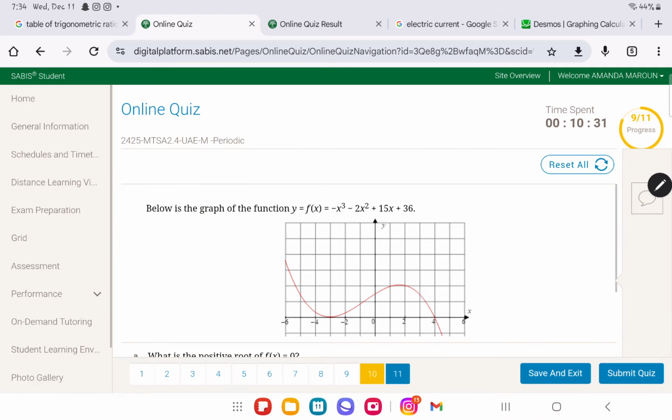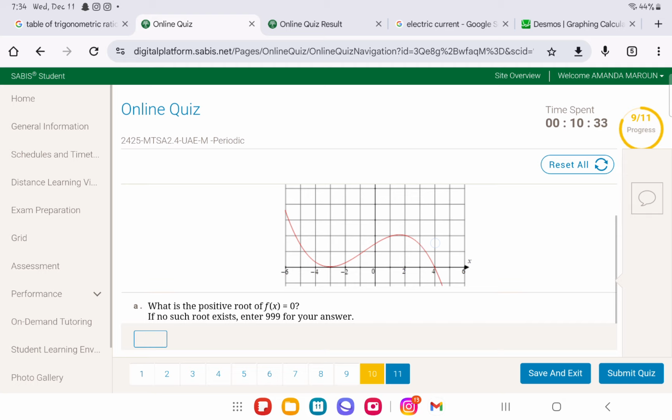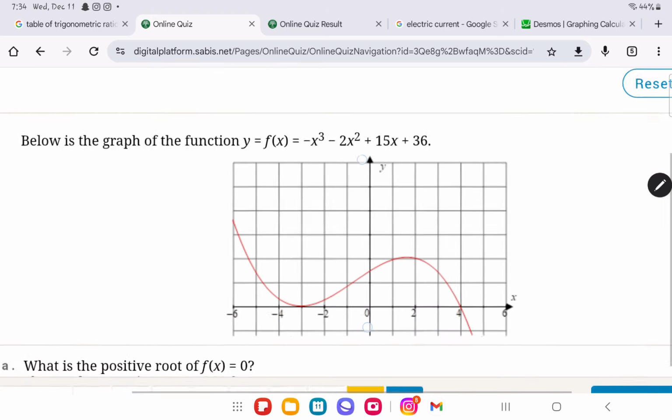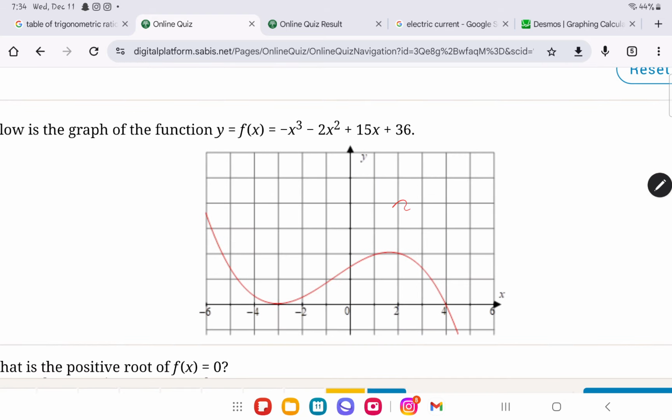Moving on to question number 10, we need to find the positive root and the negative root of this function. Very simply, just come here and see f(x) = 0. So this is the regular function. It's already graphed.